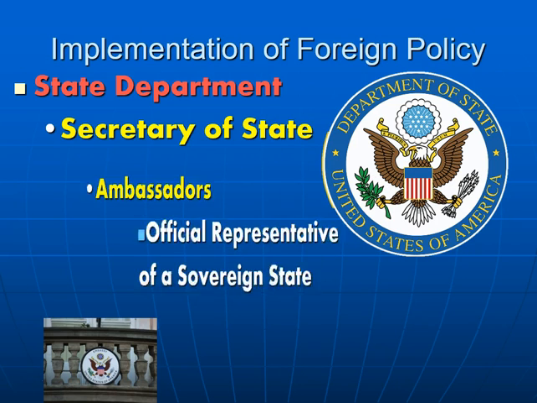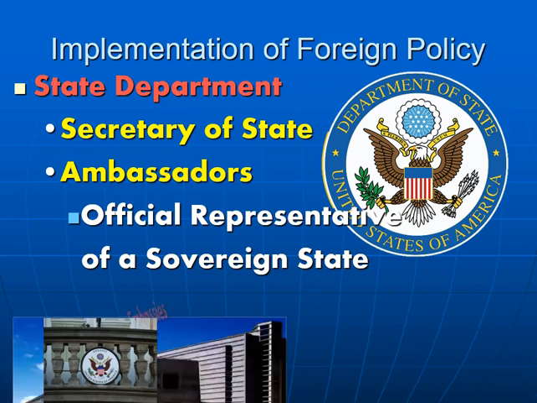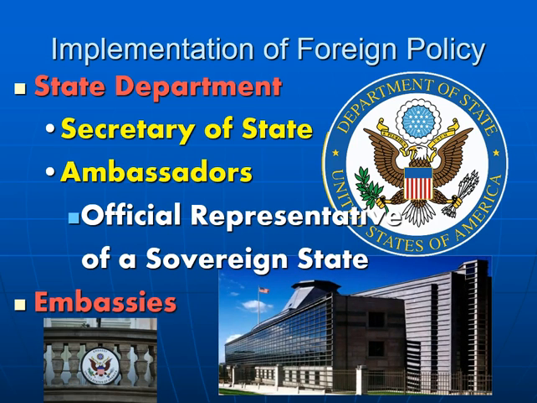Of course, even the Secretary of State can't be there all the time, and so in each country, the United States has an official representative known as an ambassador. If we recognize a country as being a legitimate country in the world, we will send an ambassador to negotiate on behalf of the United States. And these are political appointments that are appointed by the president, confirmed by the Senate.